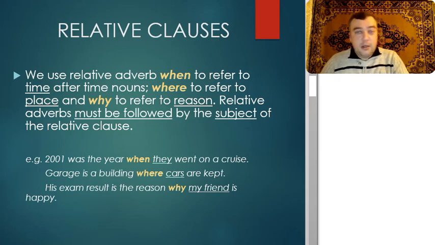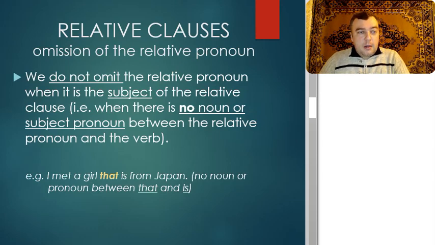So reason why is like a collocation. His exam result is the reason why my friend is happy. And we have our subject of relative clause, which is the phrase my friend. So the noun friend makes the subject, which allows us to use the relative pronoun why.